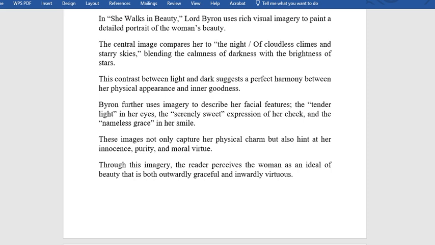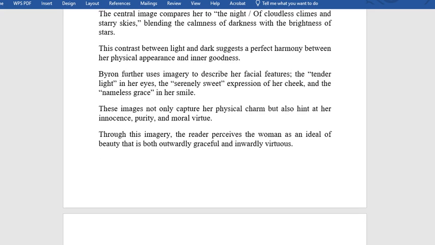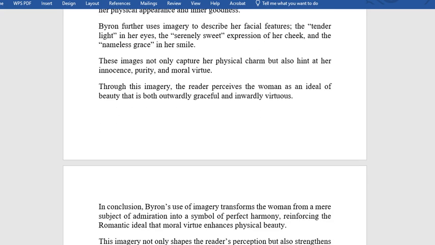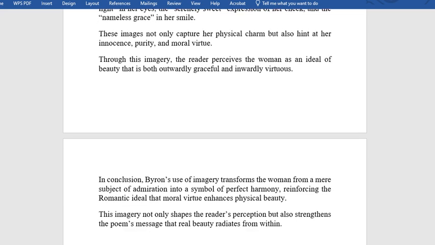These images not only capture her physical charm, but also hint at her innocence, purity, and moral virtue. Through this imagery, the reader perceives the woman as an ideal of beauty that is both outwardly graceful and inwardly virtuous.